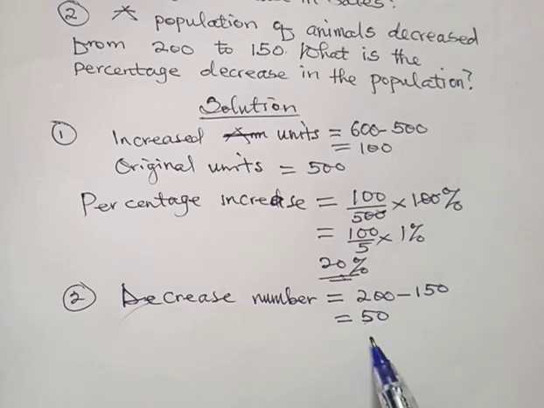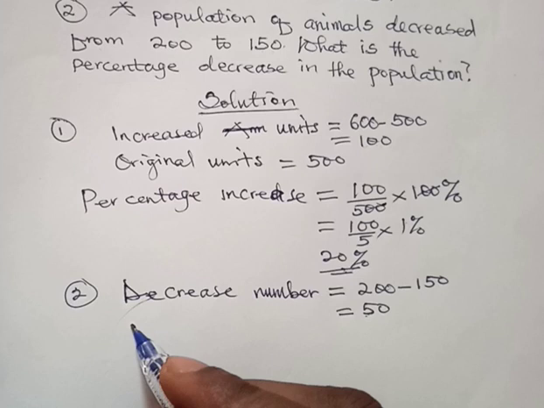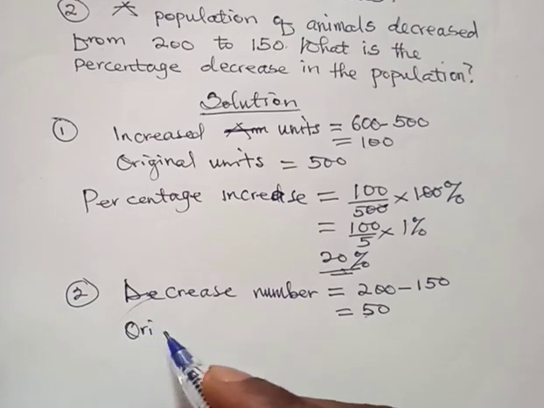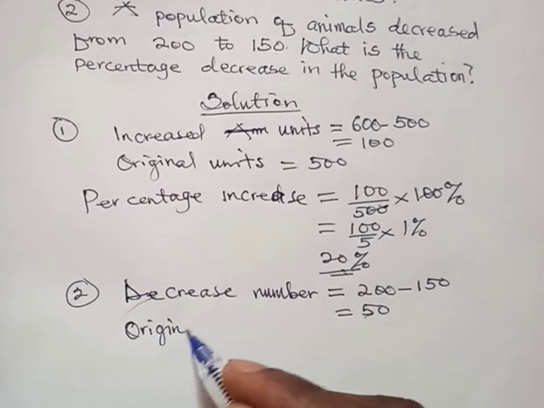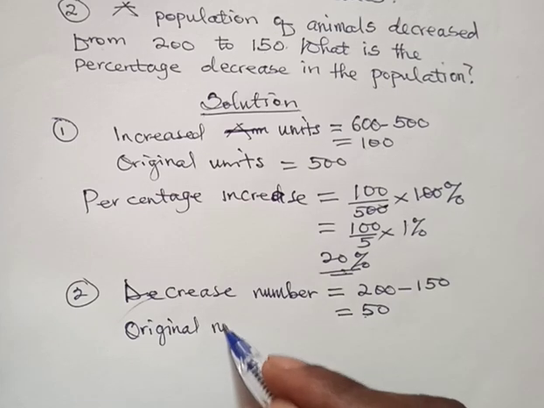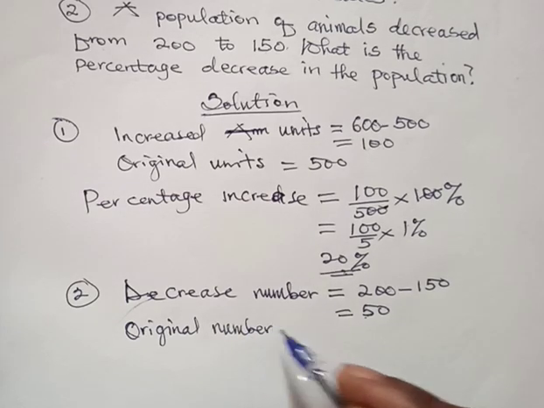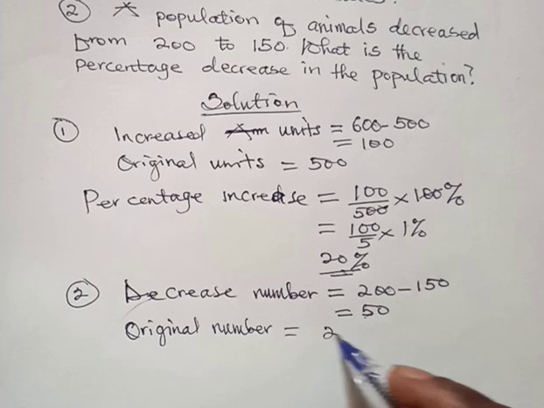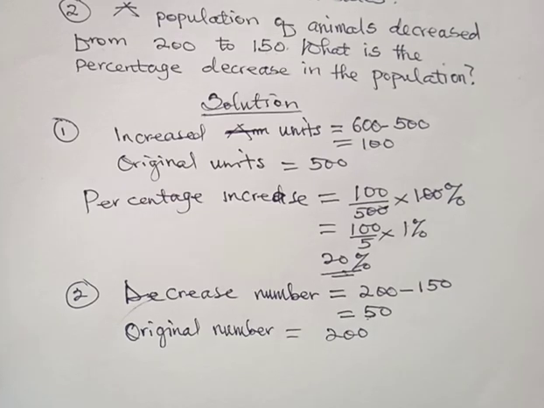Okay, so once we know this, then we find the percentage of this. We are going to find the percentage of what? Of the total or the original value. We all know that the original number was 200. That was the original number.